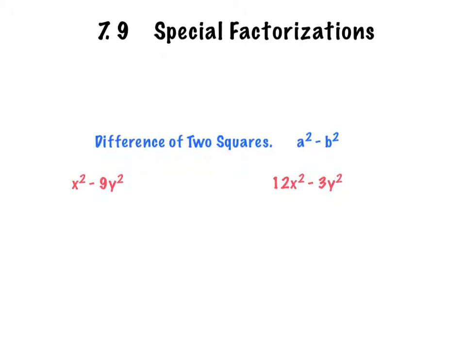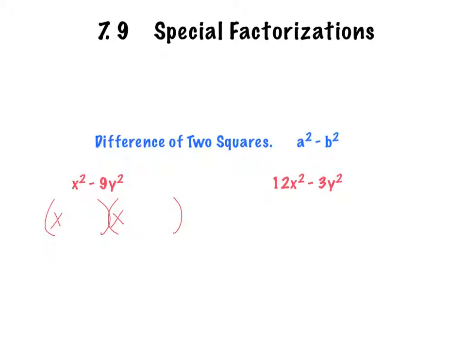And so for this example, in order for that to happen, you set up your two sets of parentheses like normal, and you look at the x squared, and you're going to split that, x and x. And then you have the 9y squared, and you can split that with a 9 and 1 or a 3 and 3.